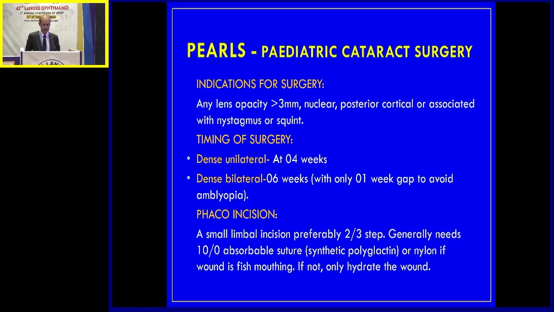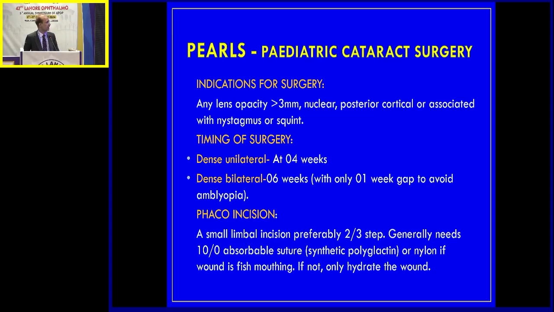As per previous guidelines, if the cataract is dense and unilateral, we should operate not later than 4 weeks. If it is dense and bilateral, we can wait up to 6 weeks with only a gap of 1 week between the two eyes to avoid the risk of amblyopia.